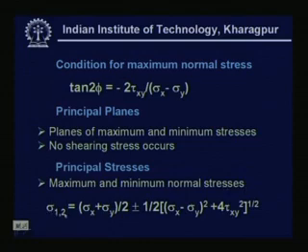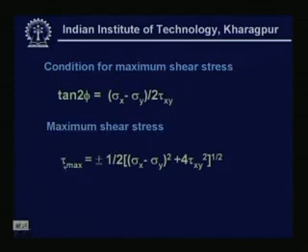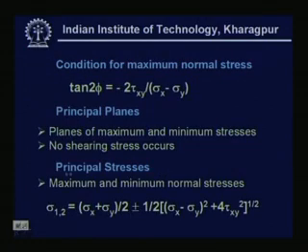If we put this condition into the main expression, we get the relationship for the principal stresses in this manner. So these are called the principal planes and these are called the principal stresses.